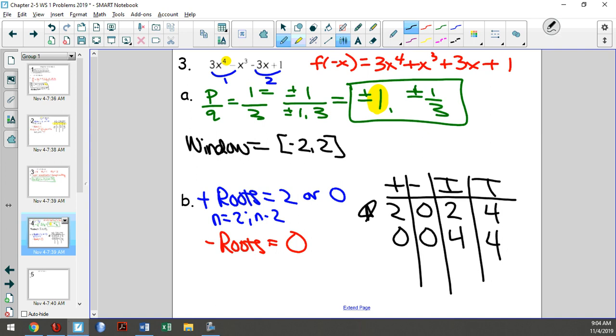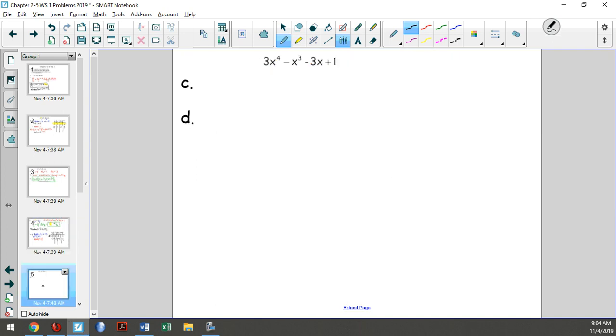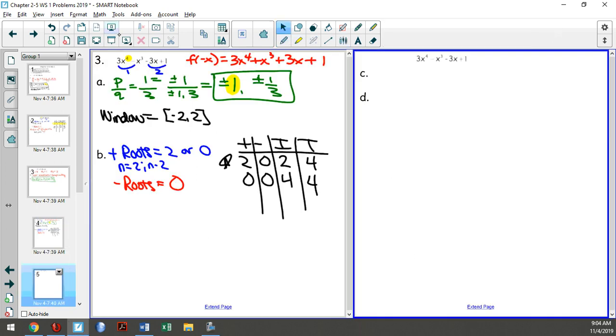Graph it. So part C says to go ahead and graph this thing. So we're going to come over here, we're going to graph that function. And that function is going to be 3x to the 4th minus x cubed minus 3x plus 1.